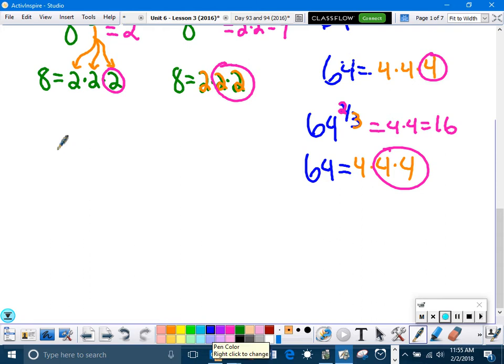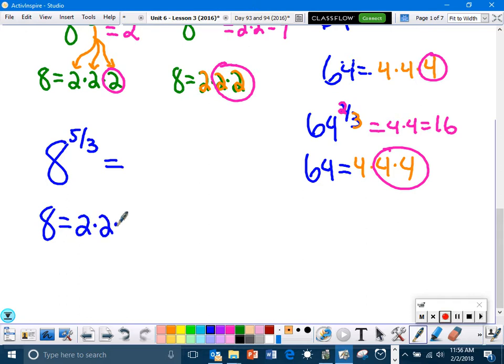Hopefully this won't blow your minds away. 8 to the 5/3 power. Whoa, the numerator is bigger than the denominator. So again, the denominator, 3, tells us there's 3 numbers that multiply to give us 8. That would be 2 times 2 times 2. But the numerator says we need 5 of them.